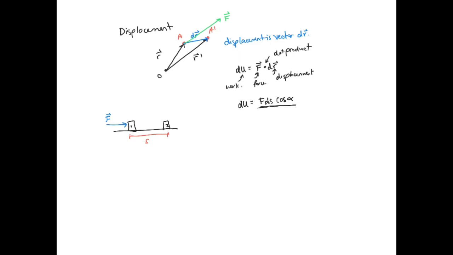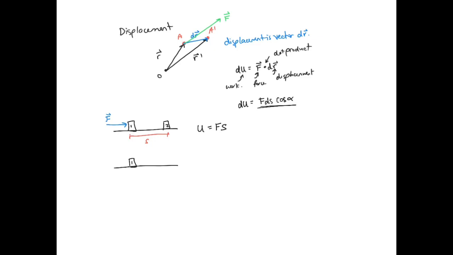So that means that all of the force is being used to move the block. So the work U is equal to the force times the displacement. You just multiply it.